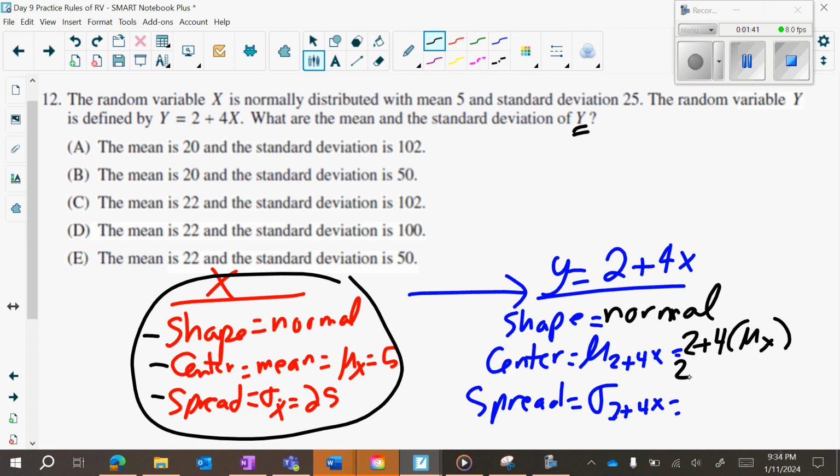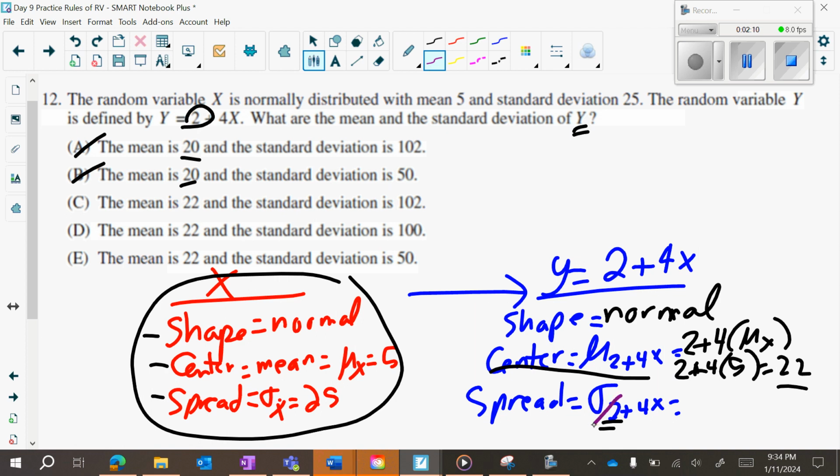So I'm hoping that you did 2 plus 4 times the old mean, which is 5, and that's 22. So if you know that the new mean is 22, then you already know that you can eliminate choice A and B because that's wrong. And then the spread, remember, adding a constant, which in this case is the 2, will drop out and it will not influence the spread, because when you add a constant, everything moves over by the same amount and the standard deviation remains the same.